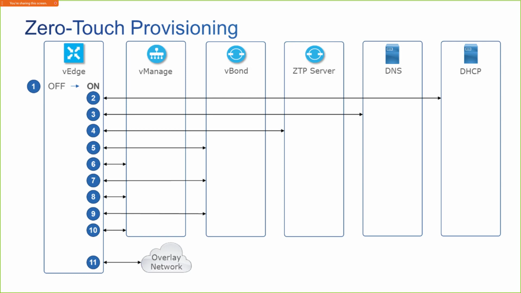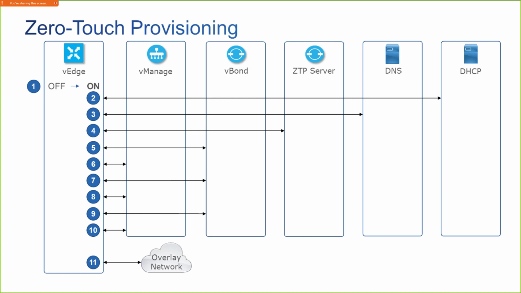The factory default device has an interface that's pre-configured with IP DHCP client so that it can dynamically procure an IP address and then register itself with a controller. All right, so the first thing that happens, and this is what they're talking about in these steps here, the 1, 2, 3, 4, all the way up to the 11.